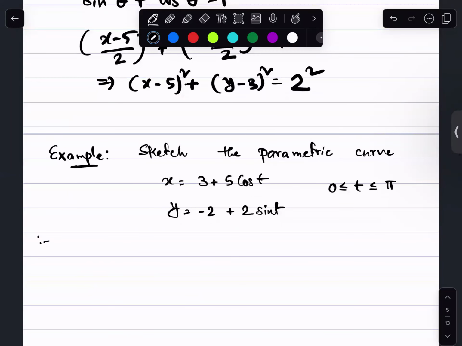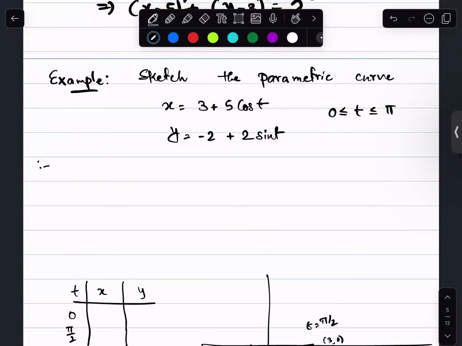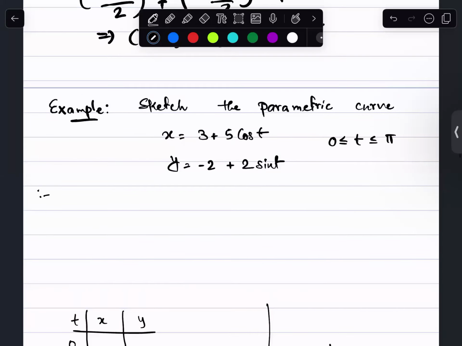For the next example, again, I am given a parametric equation, and we have to draw the graph. So first, let us try to get the xy equation out of this parametric equation.